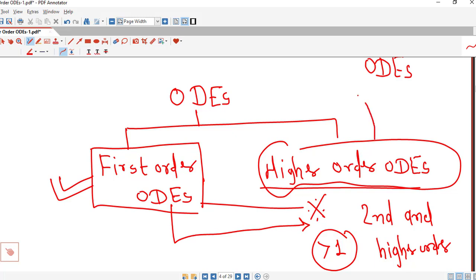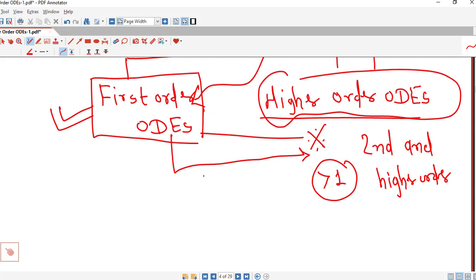Similarly, never apply methods of higher order ordinary differential equations for solving first order ordinary differential equations. So this is all about the introductory part for higher order ordinary differential equations. In the next lecture we will start methods of solving different types of second and higher order differential equations.